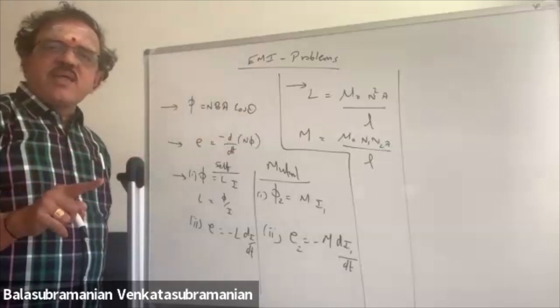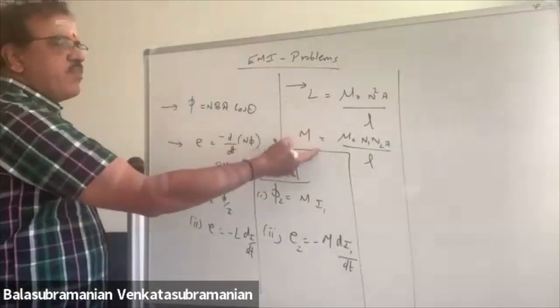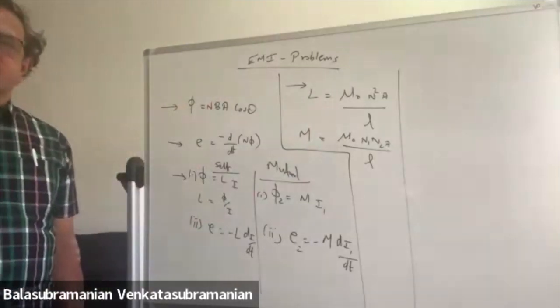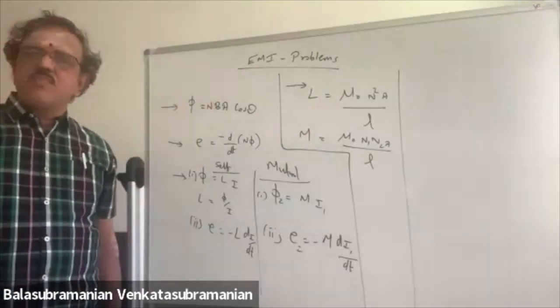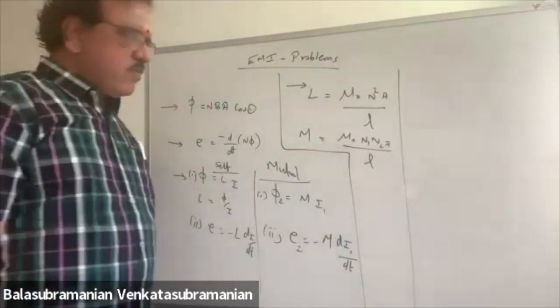Suppose primary and secondary coils have the same number of turns, then these two formulas are the same. Mu naught N square A by L, directly we can write. Okay, fine.